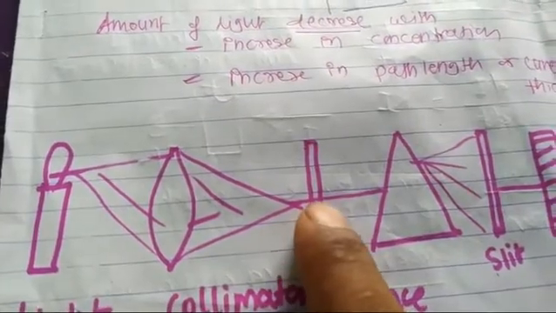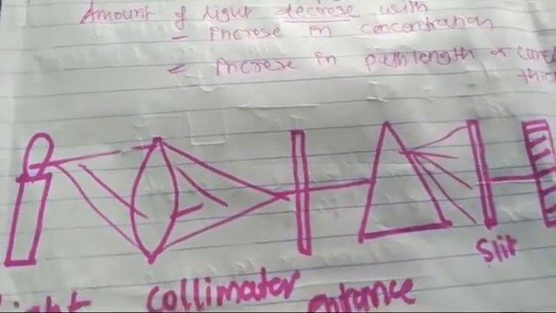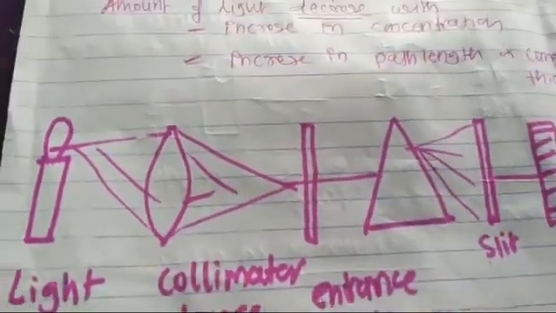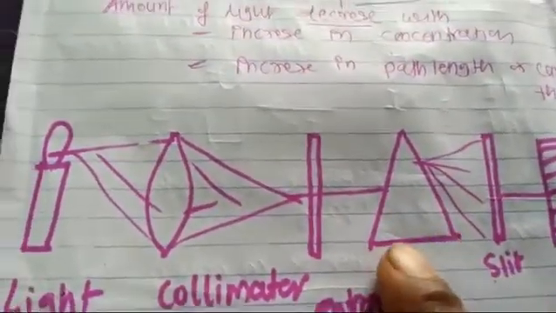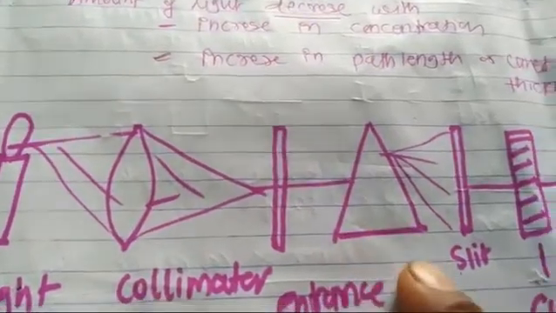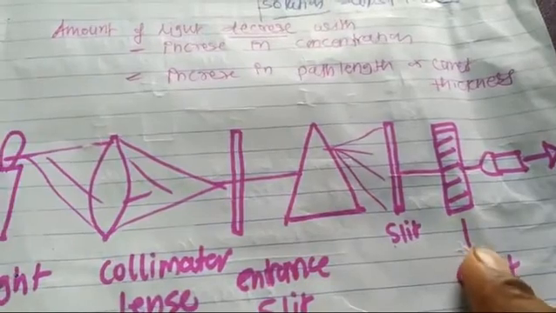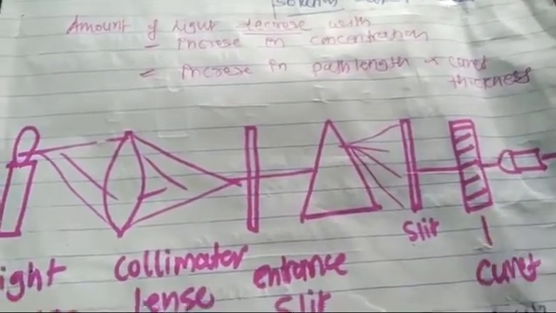The entrance slit has a small hole. Then the light goes to the prism and exit slit. Then we place the sample in the cuvette and the detector.